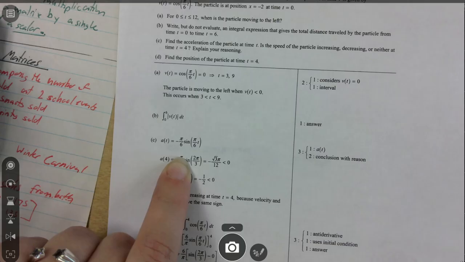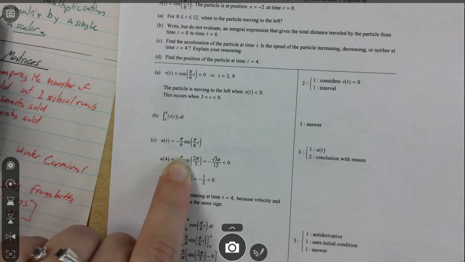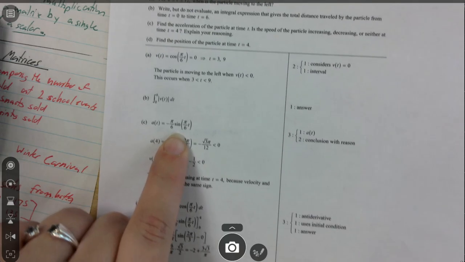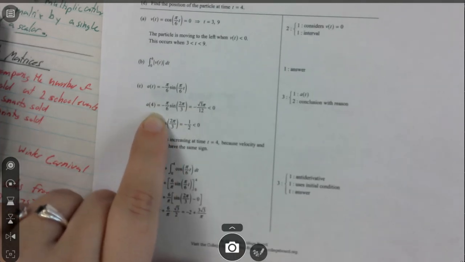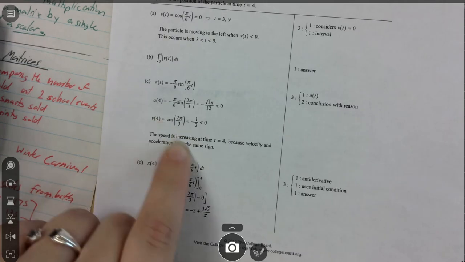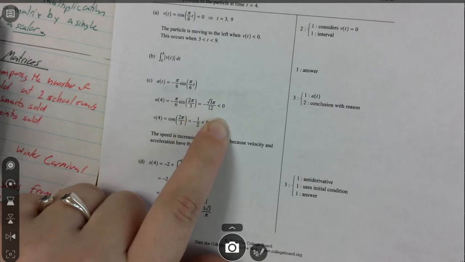Okay, 3. Find the acceleration of the particle at time t. Is the speed of the particle increasing, decreasing, or neither at time of 4? Explain your reasoning. So we need to find the velocity first. Then we need to plug in 4. And then we got our answer to be -√3 pi over 12.